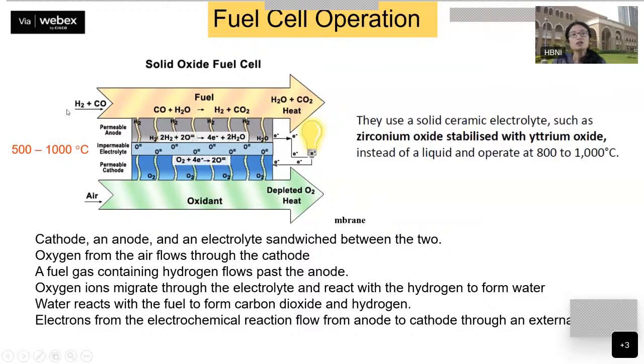Hydrogen, a fuel gas containing hydrogen, flows past the anode. Ultimately the hydrogen and the oxygen combine, leading to formation of water, and the electrons from the electrochemical reaction flow from the anode to an external circuit. So continuously if you put in hydrogen and oxygen, continuous electricity is getting generated. This is the ideal situation.